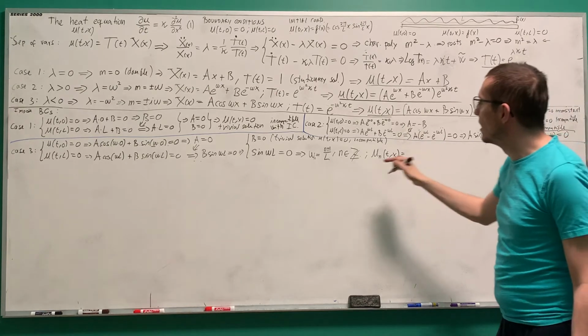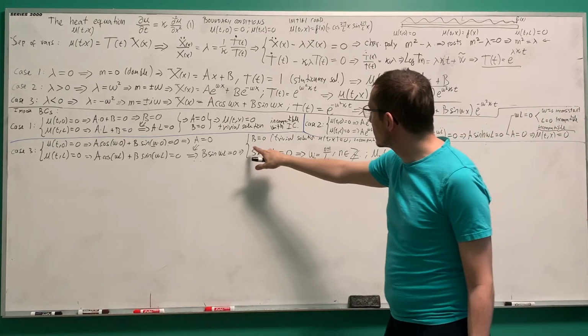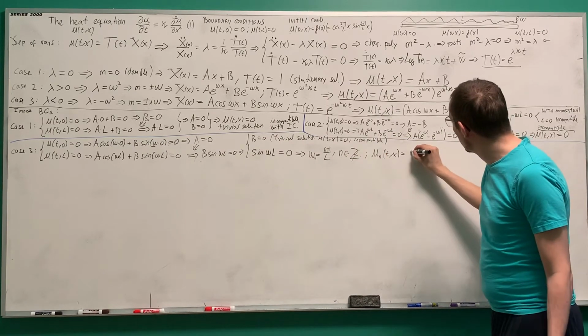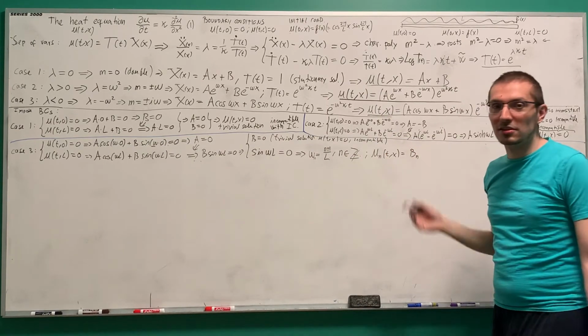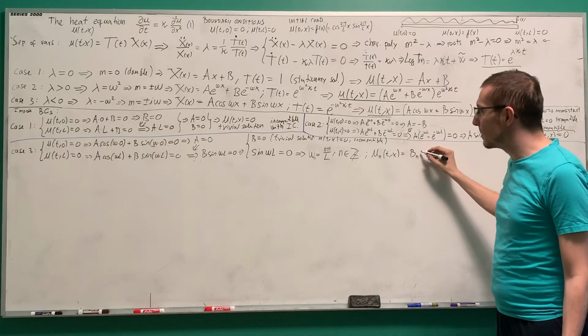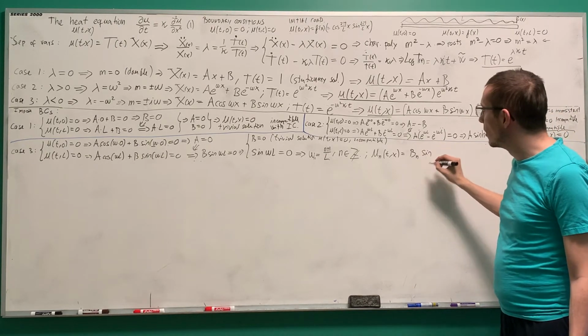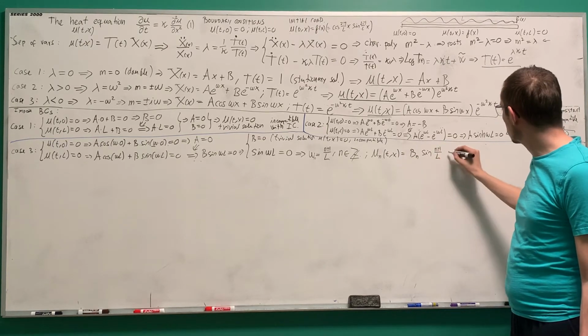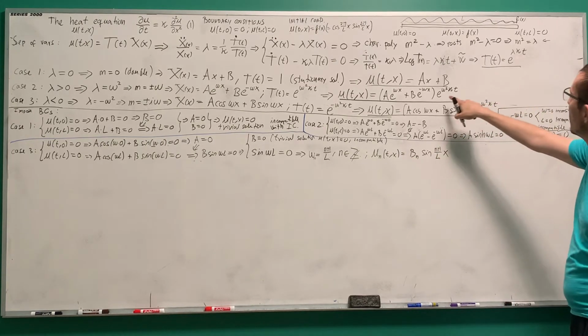What is the x sub n? X sub n is, remember, a is 0, and then it's b sine omega L, but b sub n, because it's one constant per each of the solutions. B sub n sine of n pi over L x multiplied by the t.